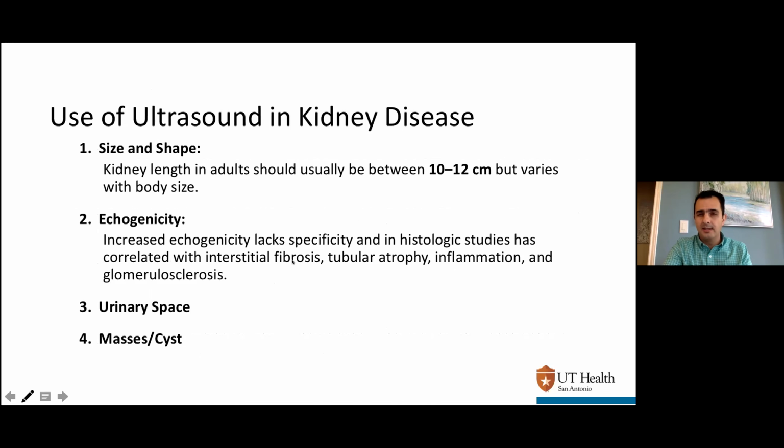There's no really normal kidney length in ultrasound based on body size and weight, but roughly between 10 to 12 centimeters. Increased echogenicity lacks specificity, but it might correlate with some degree of interstitial fibrosis and tubular atrophy. But you can have a normal echogenic kidney and still have CKD. You assess the urinary space for hydronephrosis, obstruction, and look for masses and cysts.